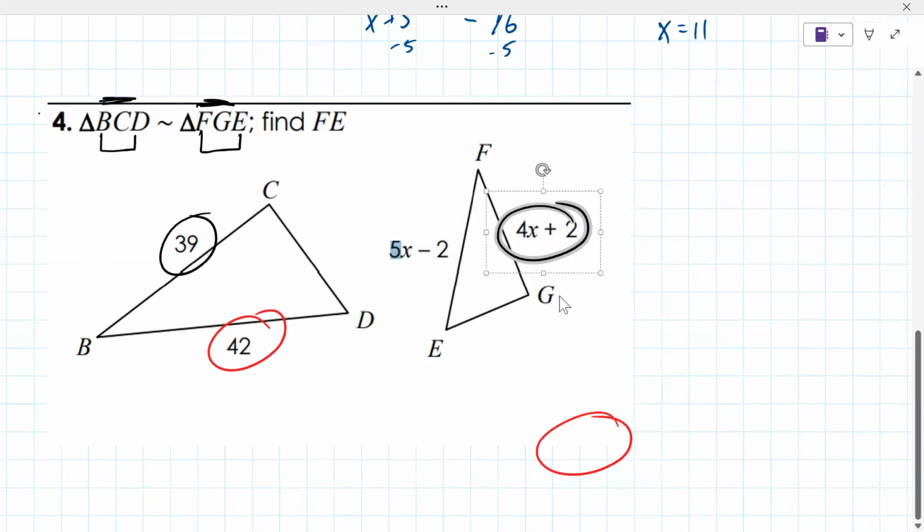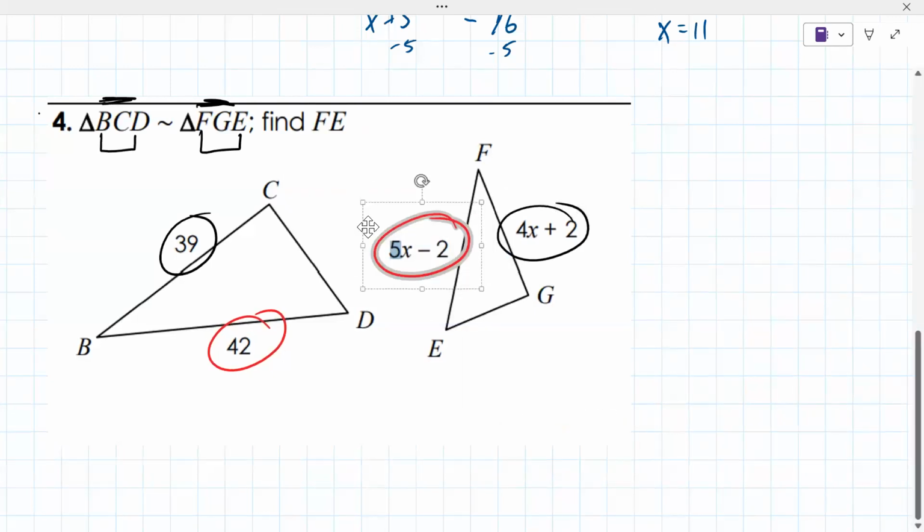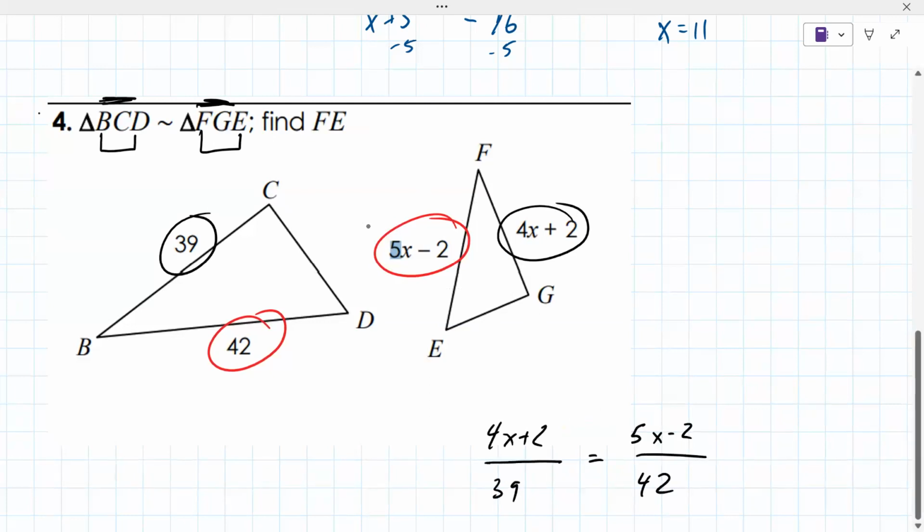This 39 goes with the 4x plus 2. BD goes with EF. And that affects the proportion. So 4x plus 2 goes with the 39. The 5x minus 2 goes with the 42, like that.